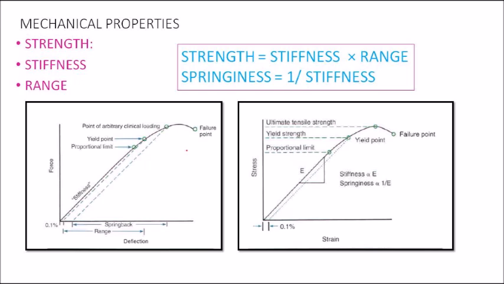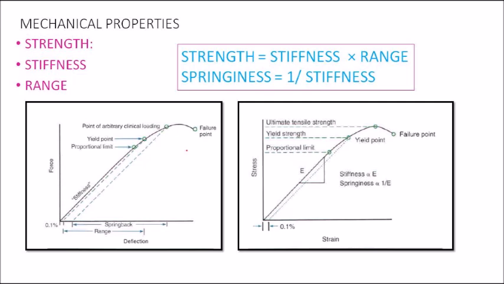Now the second one is your range. Range is the distance along the x-axis to the point at which permanent deformation occurs. So please look that range is along the x-axis. It is actually the point at which 0.1% permanent deformation occurs, which has been noted as the yield point.